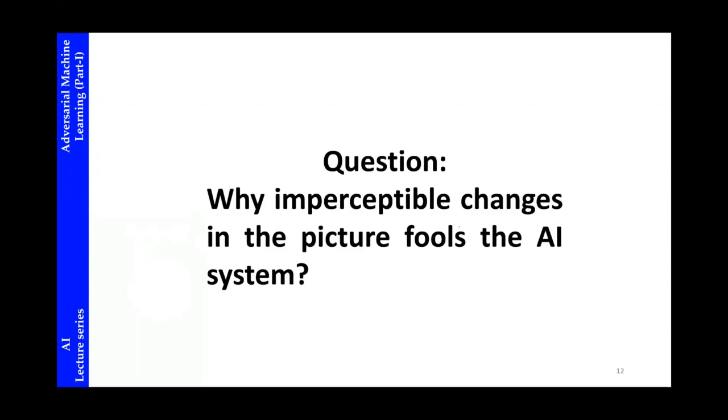But the way that deep learning systems work also opens up this particular form of attack, which no human would be fooled by. You remember we had two panda pictures. What humans see was a panda, but one of them was classified as a gibbon by the artificial intelligence system.